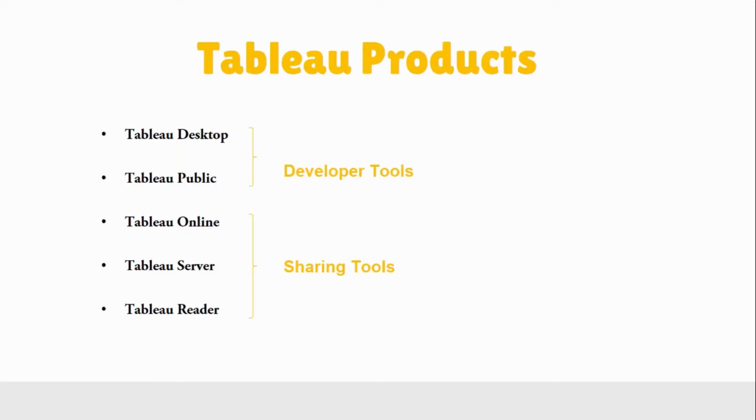After they have been combined, a story or a dashboard is created. Now this dashboard contains reports or visual insights into the data. This dashboard needs to be shared throughout the community, the team, the management, wherever we want. That is why Tableau products are divided into the developer tools and the sharing tools.